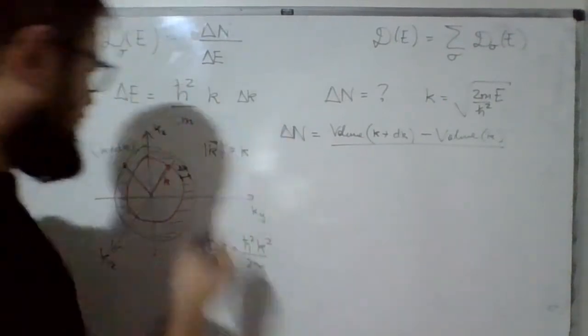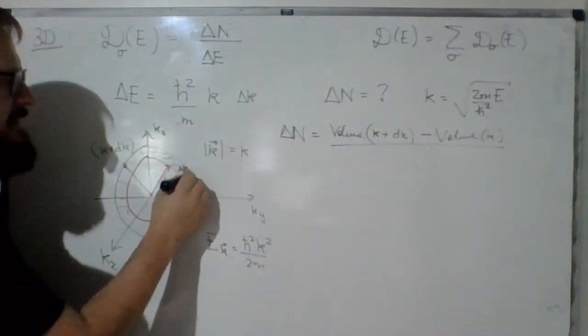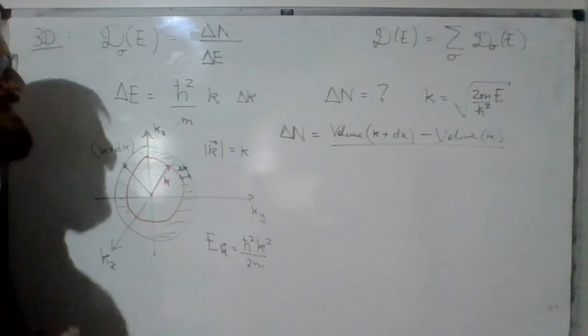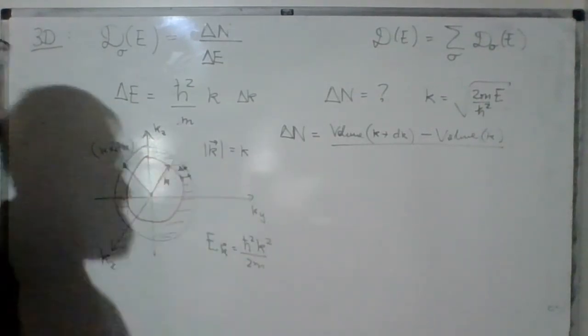But between these two values of k and k plus delta k, we have a volume.